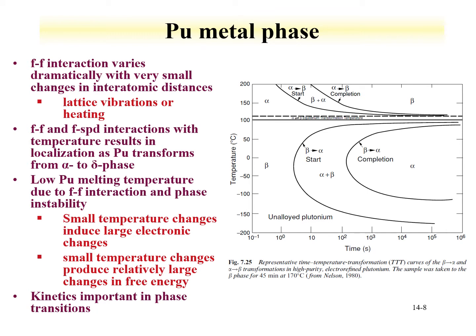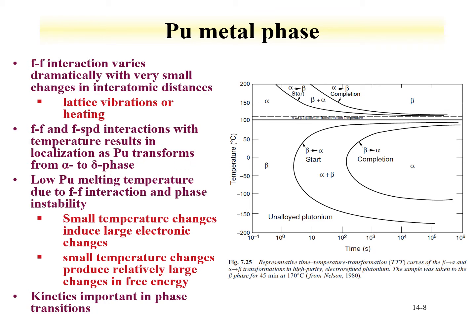As we mentioned, these f electrons' behaviors change with lattice vibrations or heating, so they can be reached by just heating the sample of plutonium, resulting in these different phases. And these interactions with temperature result in the phase transformations between the alpha all the way to the other phases that are present.